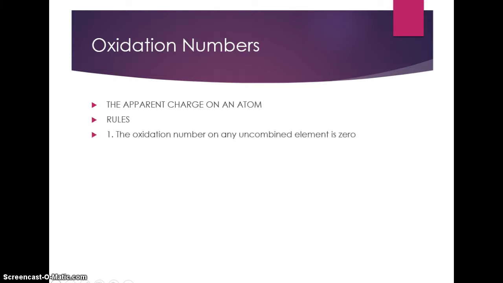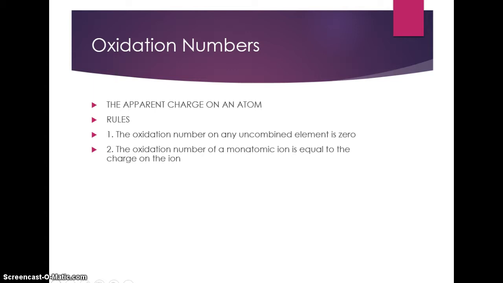Our rules go: the oxidation number on any uncombined element, basically any element that's just sitting there in a reaction, often a metal like silver, or a gas like hydrogen, H2 or Cl2, any uncombined element in its standard state is 0. The oxidation number of a monatomic ion is equal to the charge on the ion.